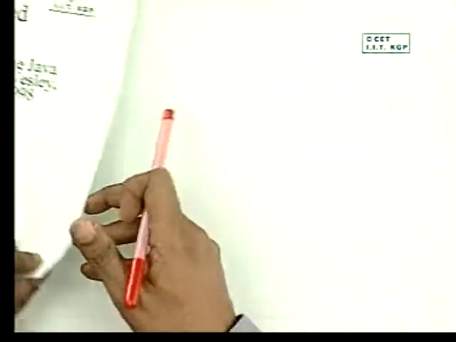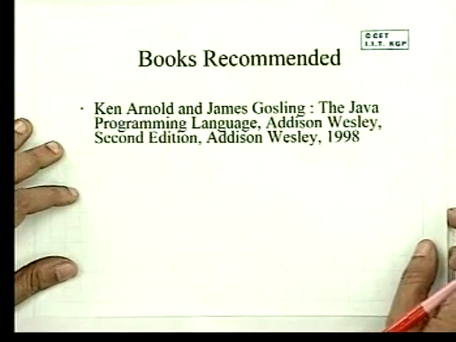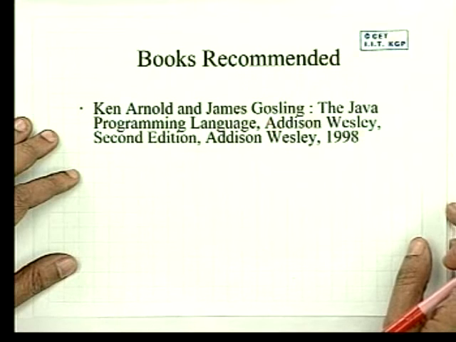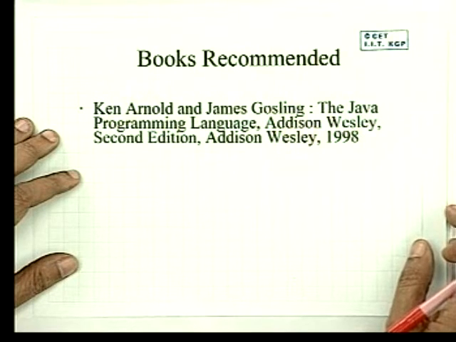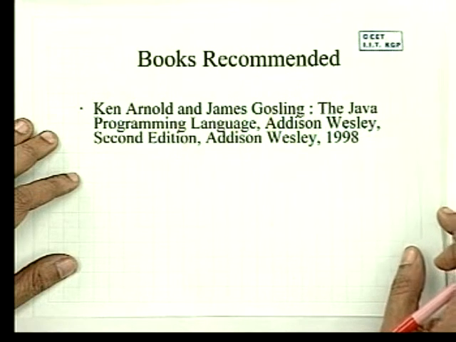And last but not least, the most important one, by the designers of Java, The Java Programming Language by Addison-Wesley, by Ken Arnold and James Gosling. So these are the books on Java and the introduction to object-oriented systems.